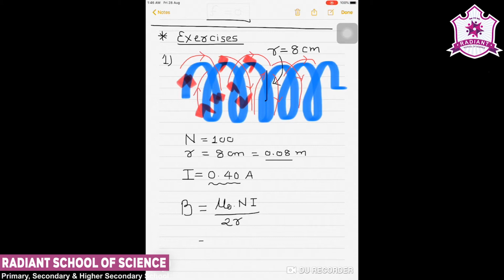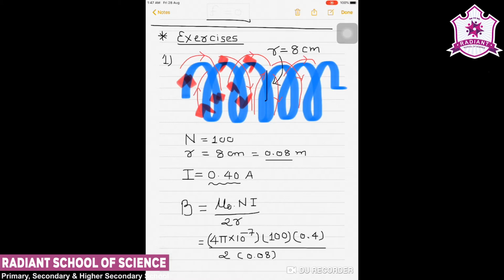We know that mu 0 is about 4 pi into 10 to the power minus 7, N is 100 turns, current is 0.4 ampere, and the radius term is 2 into 0.08.